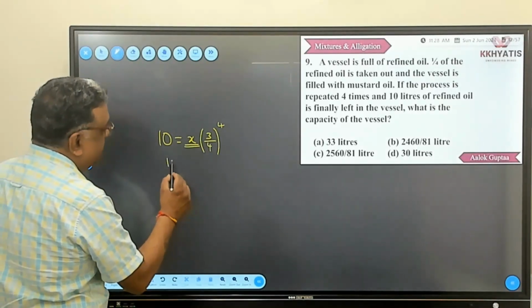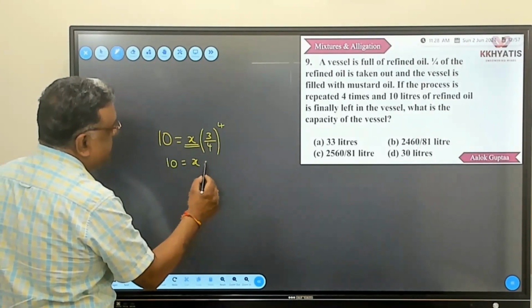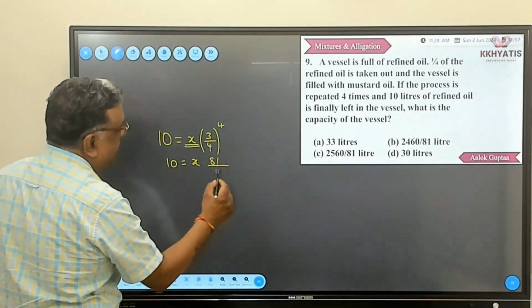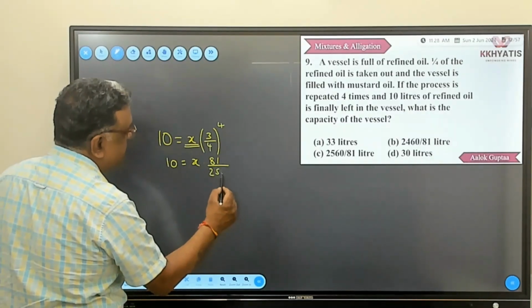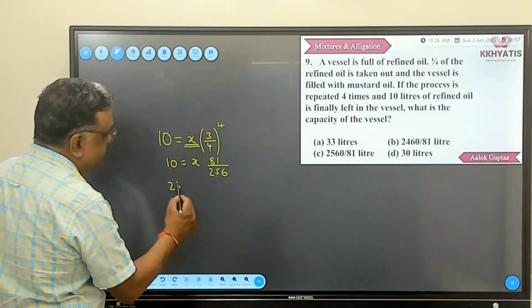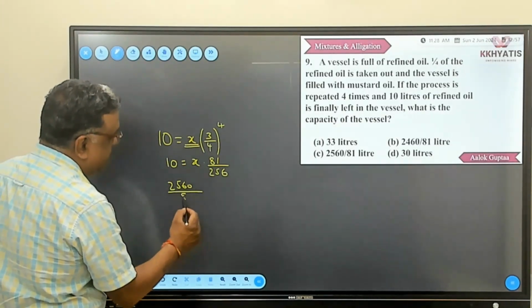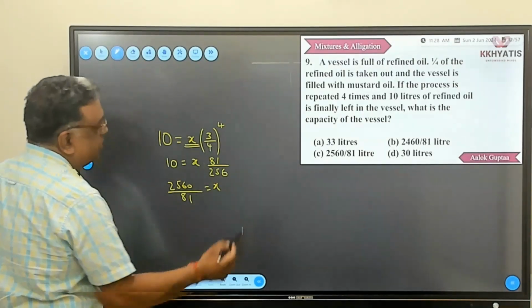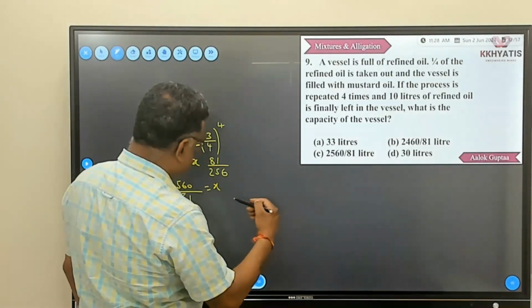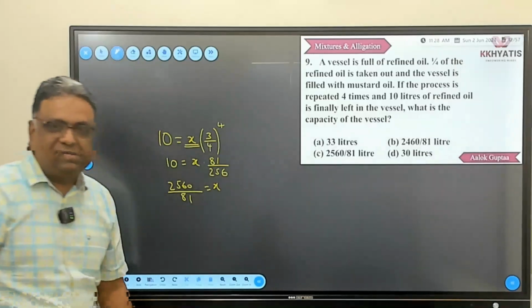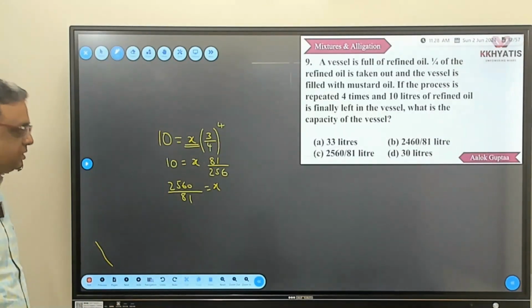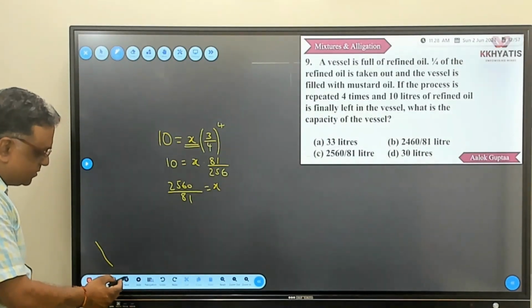So this will be 10 = x into 81 upon 256. So 2560 upon 81 should be the initial quantity of refined oil. This is the answer. Once we understand the concept, it becomes very simple to start solving the problems.